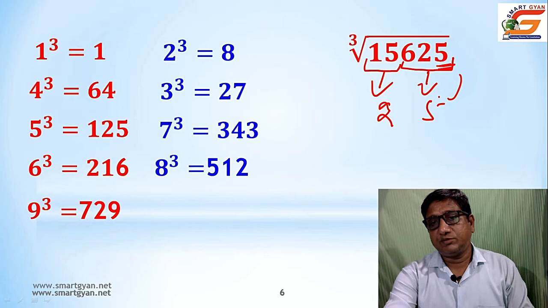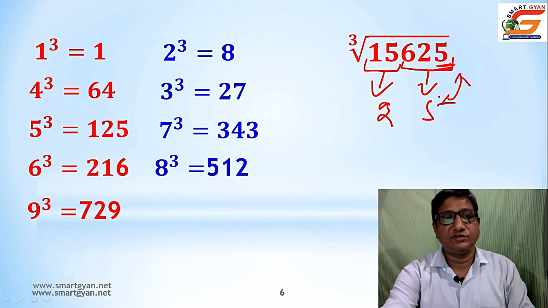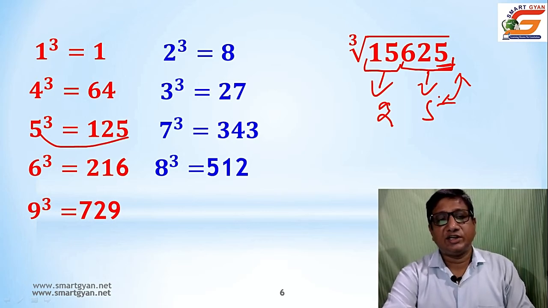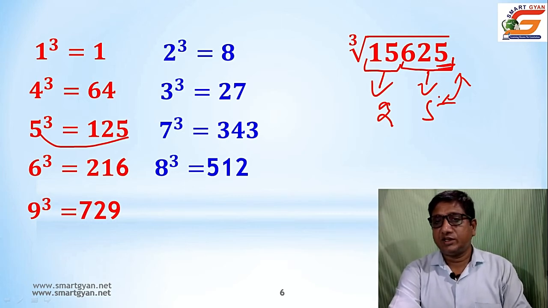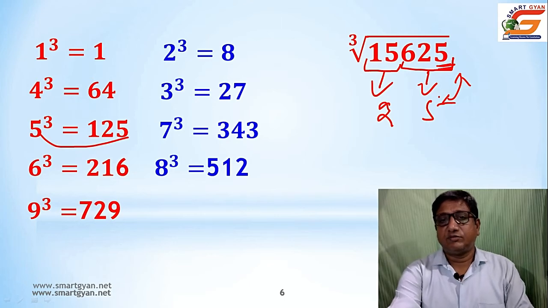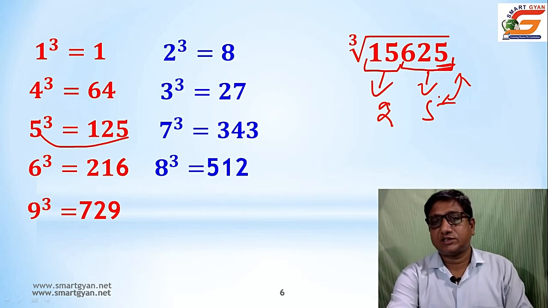These are repeating digits, 5 to 5. 5 cube is 125, both are repeated. Except 2, 3, 7, 8, the remaining 6 digits, including 10 cube 1000, are all repeating digits. But for the left part you have to find a number whose cube is either equal to 15 or less than 15.